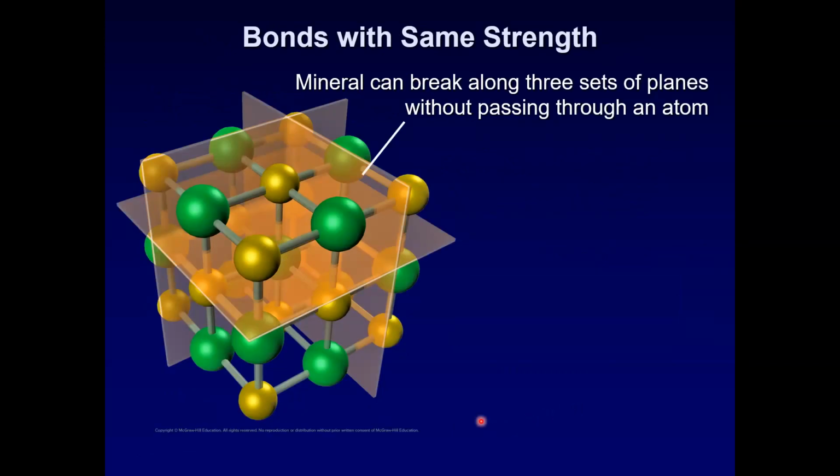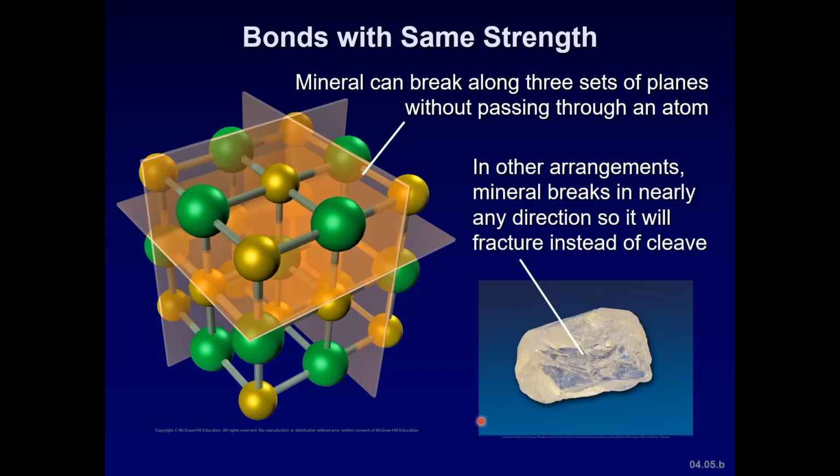You can have a mineral that has bonds with the same strength, and then it will break along 3 sets of planes without passing through an atom. But in other arrangements, a mineral can break in nearly any direction. So it's going to fracture, this is quartz again, with conchoidal fracture, instead of cleave.